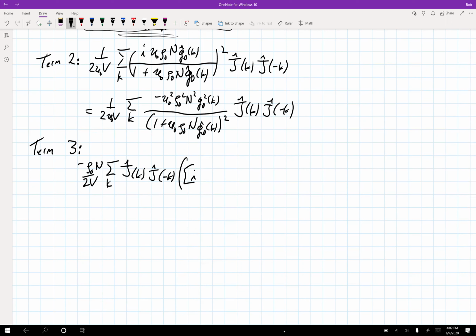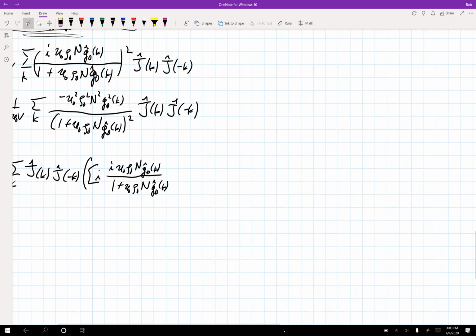So we have I, and then the actual epsilon hat is I u naught rho naught n gd hat of k all over 1 plus u naught rho naught n gd hat of k. Right, so that's from plugging in for epsilon hat, and the j hat we've already taken out. And so then we just have plus 1.